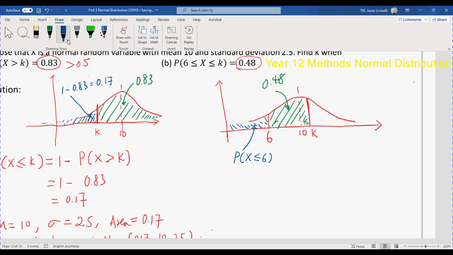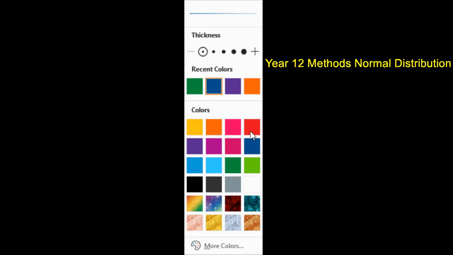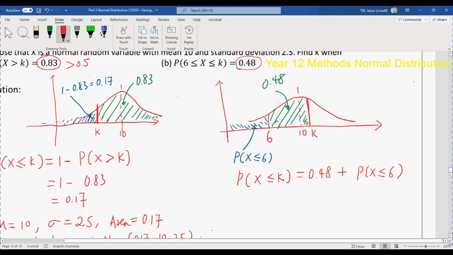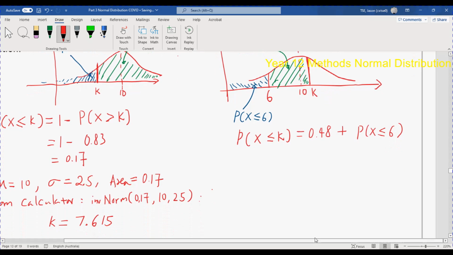So can we say that the probability of X ≤ k, I mean the total area on the left hand side of k, equals 0.48 plus the blue area P(X ≤ 6)? So that means we need to find one value first before we can find k.